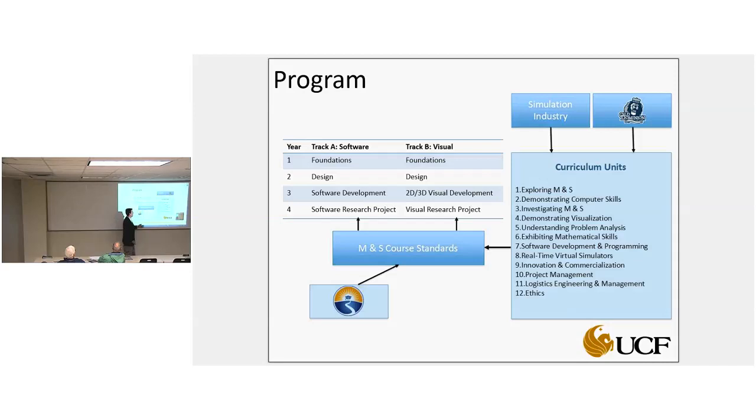Project management, innovation and commercialization, so a lot of entrepreneurship type of things. Then we took that and blended it into course standards. So we separated those units into 4 different courses and aligned those with the Florida standards, and then developed those 4 courses from these standards. Does that make sense? Good, because I spent a lot of time making that.